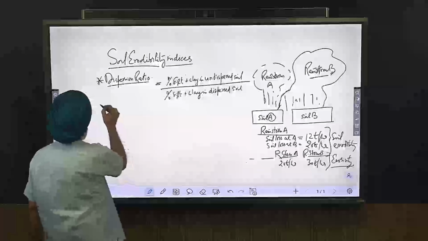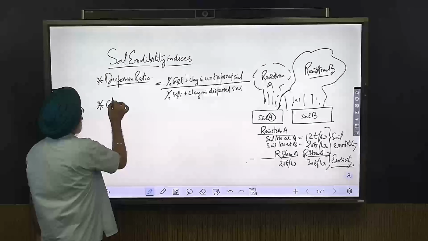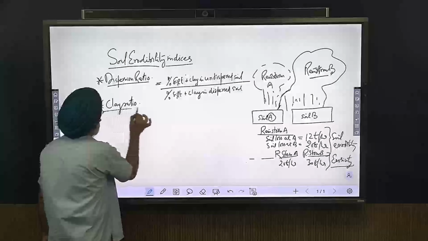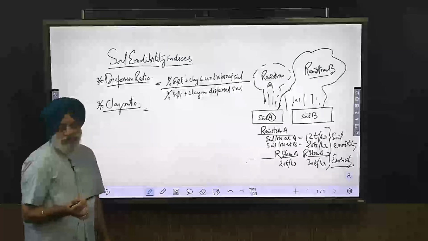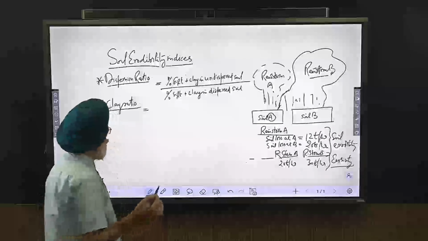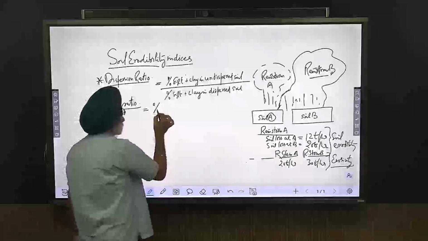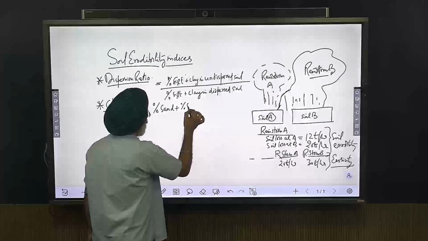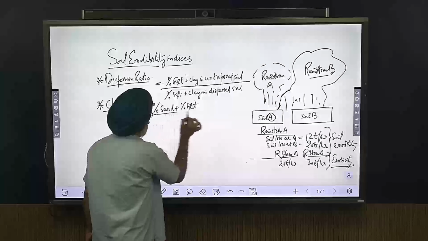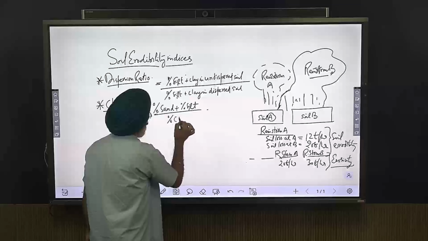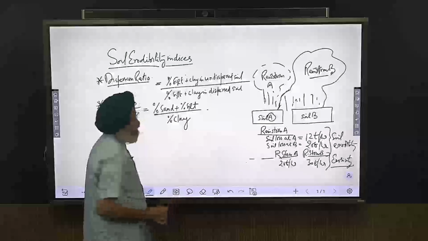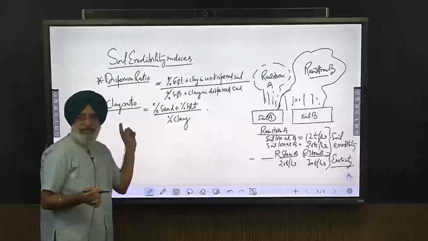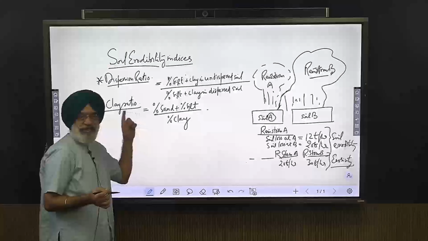The second index is the clay ratio. This is basically the ratio of percent sand plus percent silt divided by percent clay. Here, if the clay is more, this clay ratio will be less, because if the denominator is higher, the value will be less.